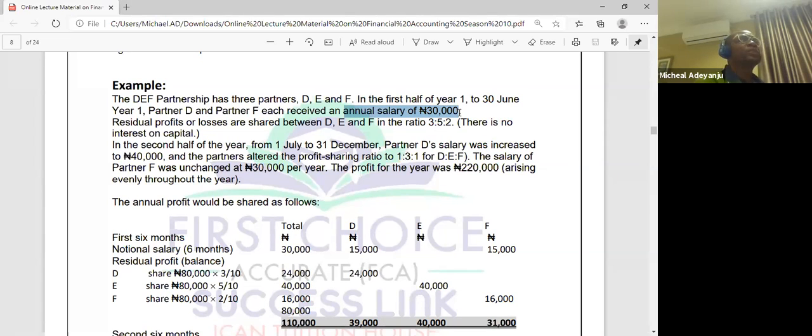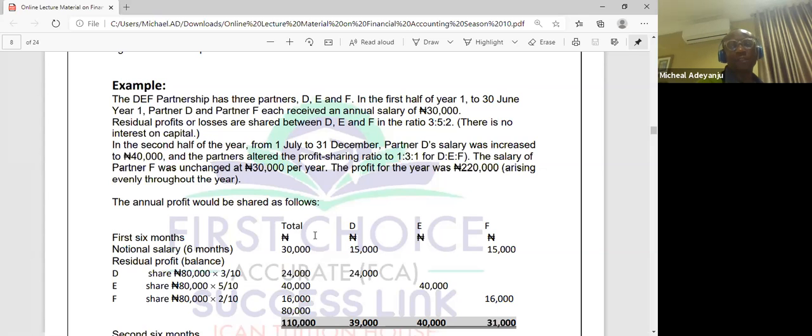But for the first 6 months, it means that they must have collected half of the 30,000 naira, which is 15,000 naira. Or the better way to do it is that if your annual salary is 30,000 naira, you divide 30,000 by 12 and multiply by 6, which gave us 15,000 naira. That was how they got 15,000 naira each.